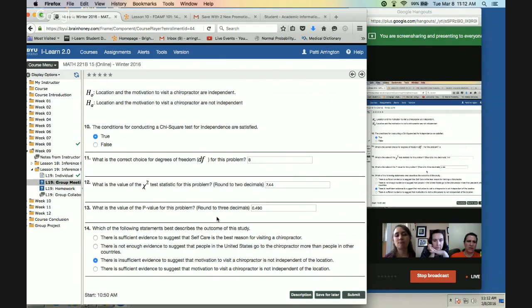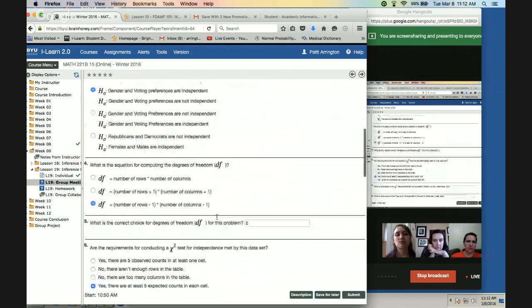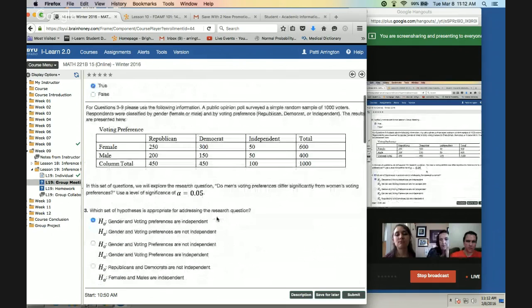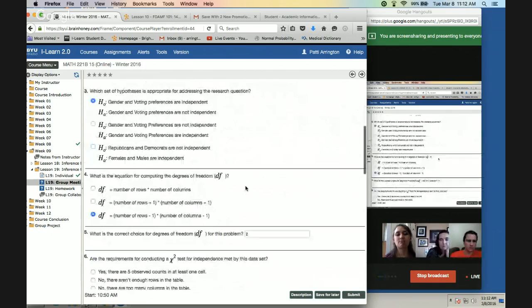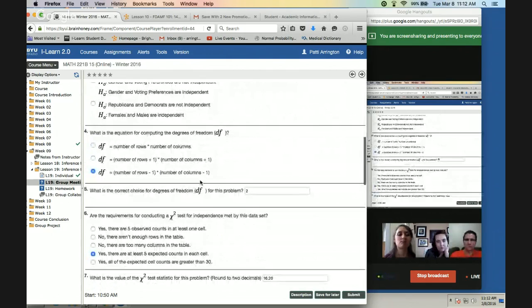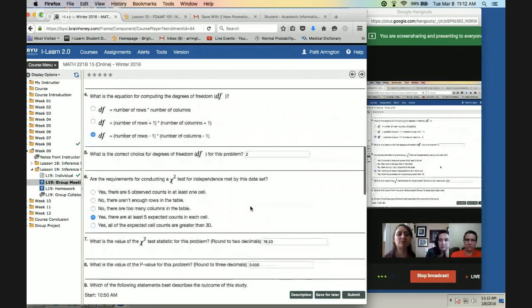Do we want to hurry and read these through again before we submit? Sure, let's do that. Okay, 3 is the first one, 4 is the last one. Well, we got all the same answers, right? I hope so.